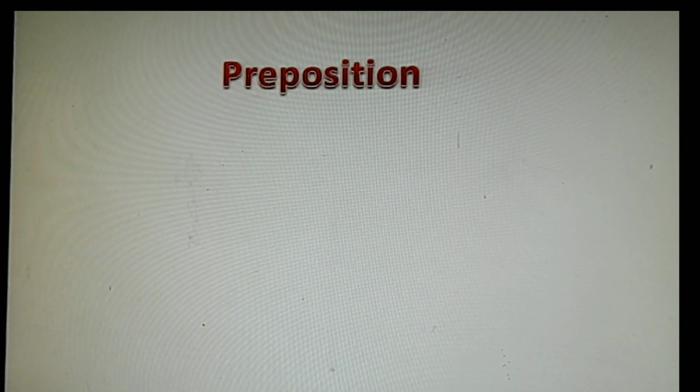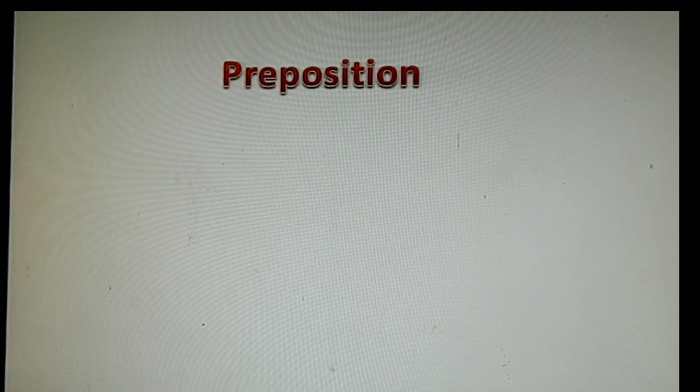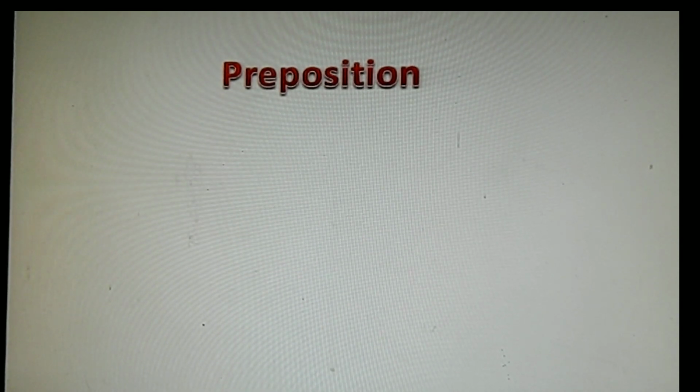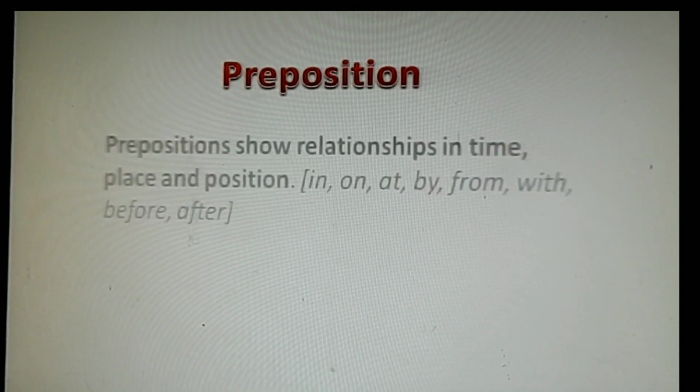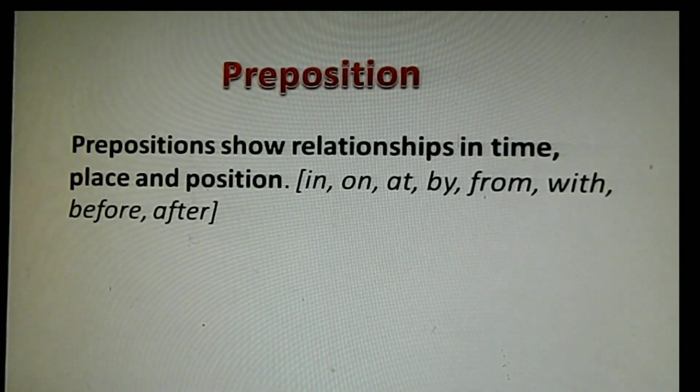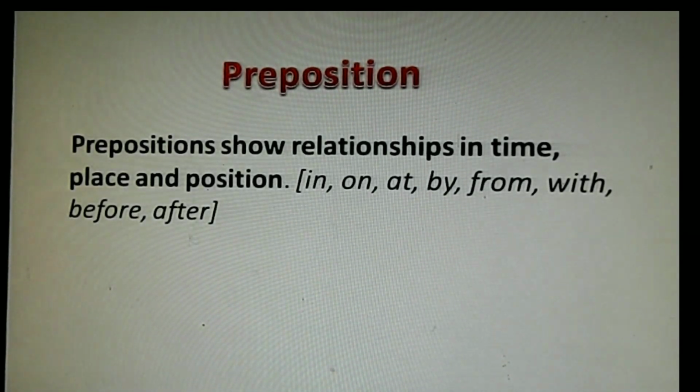Let's take preposition. There are so many prepositions: in, on, at, by, from, with, before, after, etc. Now, what are prepositions? Prepositions show relationship in time, place, and position by using in, on, at, by, from, with, before, after, etc. We'll take one example.